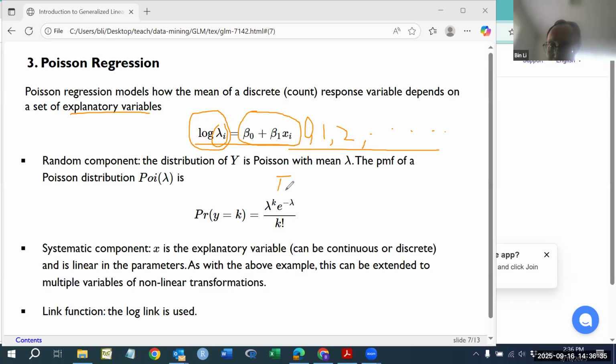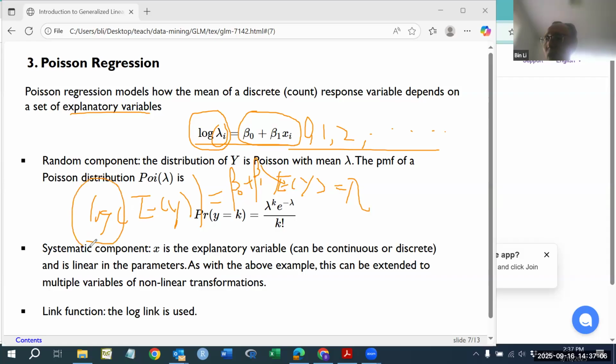Lambda is the expected value of y, the expected counts. So the log of the expected value of y is linked to the systematic component, which is a linear function of x. The link function is the log function, not logit, log. And this is the PMF for the Poisson distribution.